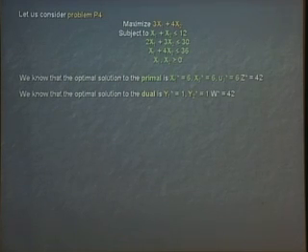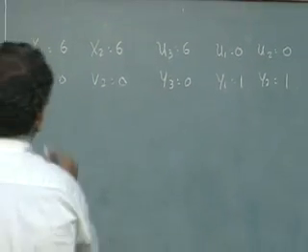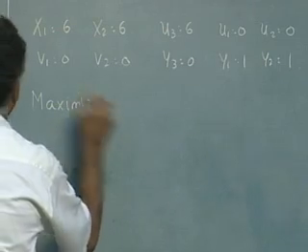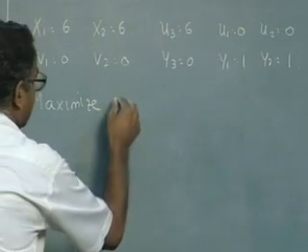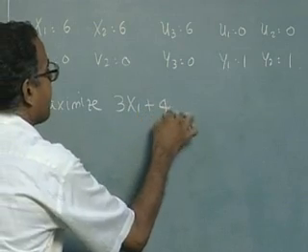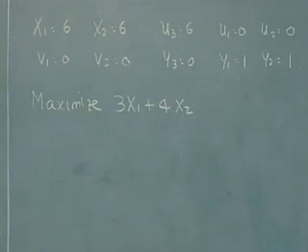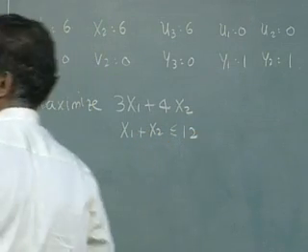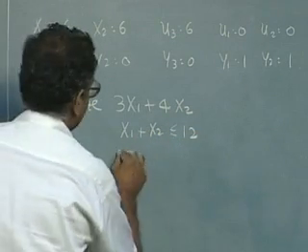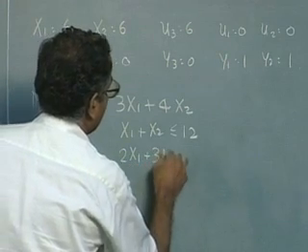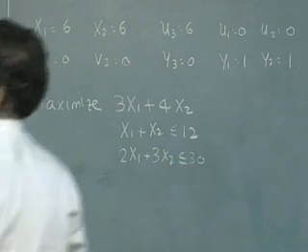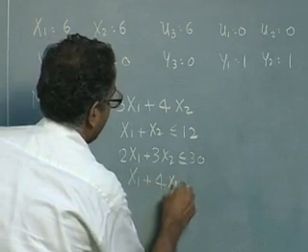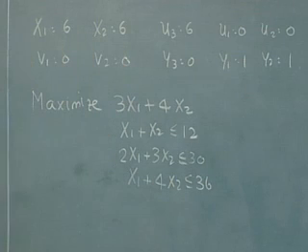The problem is: maximize 3x1 plus 4x2, subject to x1 plus x2 less than or equal to 12, 2x1 plus 3x2 less than or equal to 30, x1 plus 4x2 less than or equal to 36.